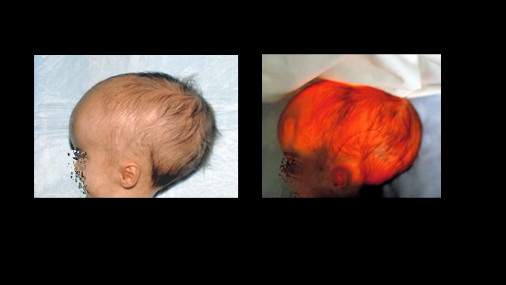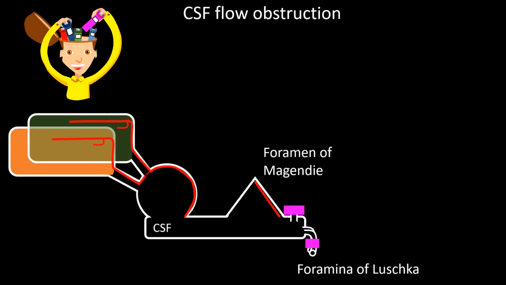This is an example of a patient with aqueductal stenosis showing a large head. Now you see a picture denoting a positive transillumination test. A light source applied on the opposite side goes through the head because the ventricles are dilated, and CSF, unlike brain parenchyma, allows light to go through.